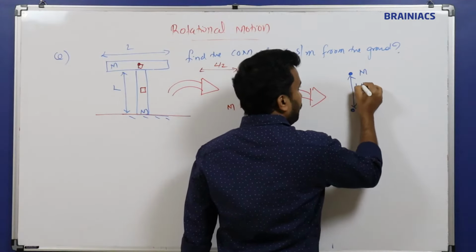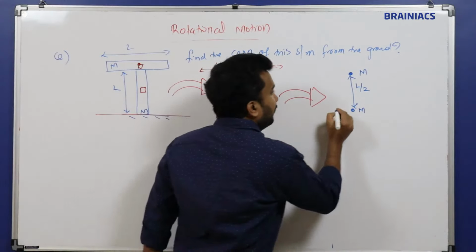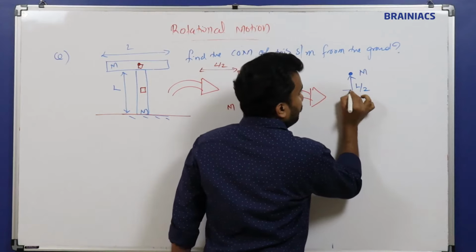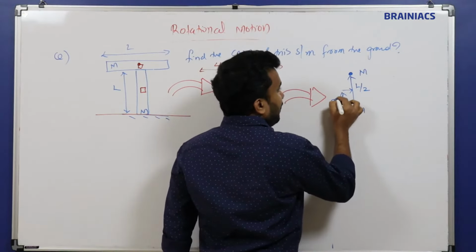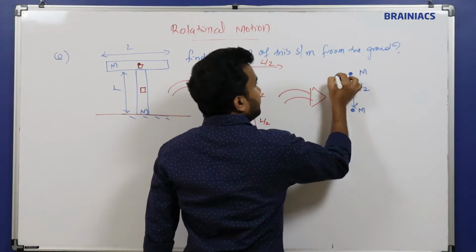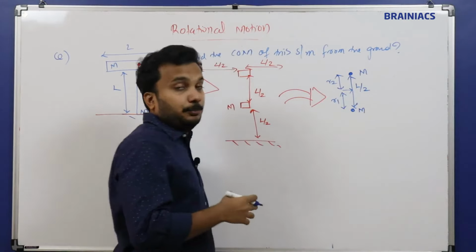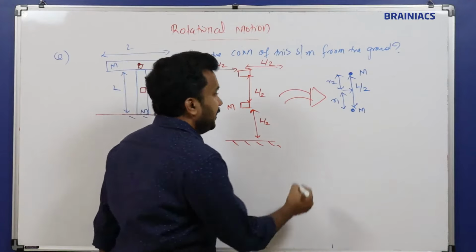L by 2. Now we are going to find out R1 and R2. Suppose I am assuming the center of mass will be here, at a distance of R1 away. So what is the balance distance? The balance distance is R2. You don't have to find both, because the total distance is L by 2.